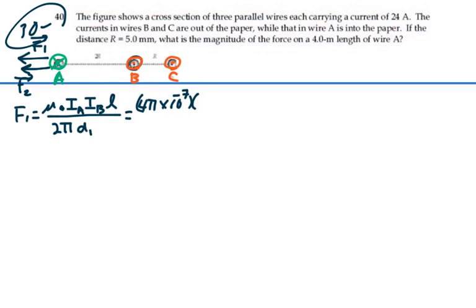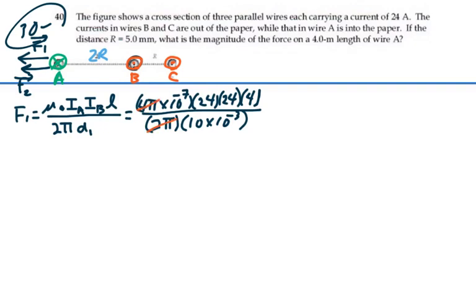They all have currents of 24 amps, so this is going to be 24 times 24. We have a 4-meter length of wire for wire A over 2 pi, and the distance between them is 2r, and that's going to be 10 millimeters altogether. So we'll have 10 times 10 to the minus 3 as our distance between these two wires.